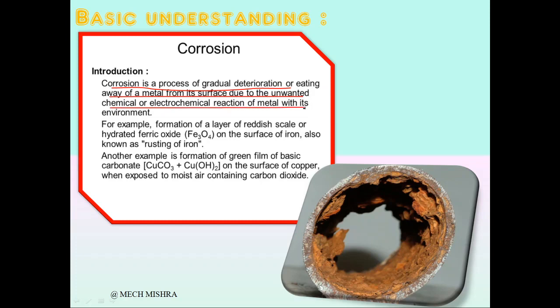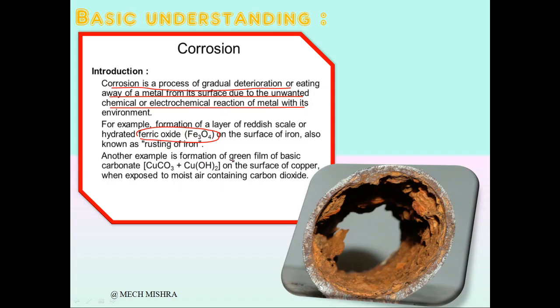So when iron reacts with its environment, it forms ferrous oxide or ferric oxide, and that is what we call rust. Similarly, we have seen the green film on copper.